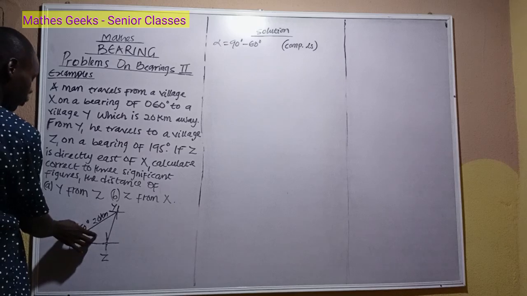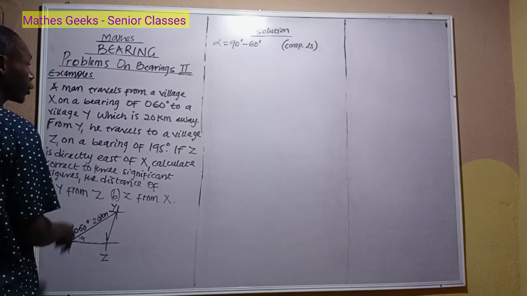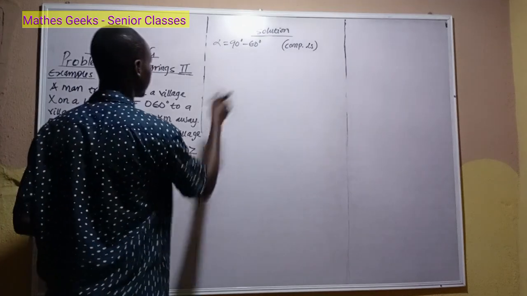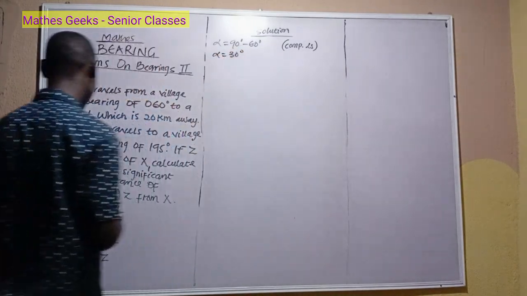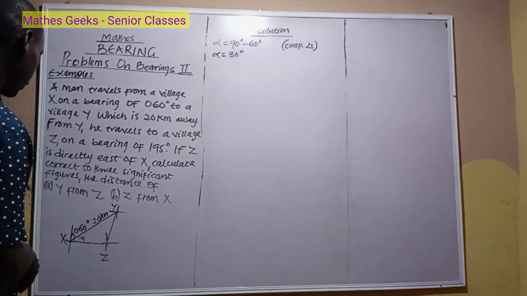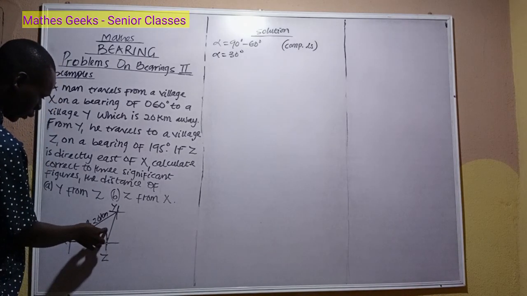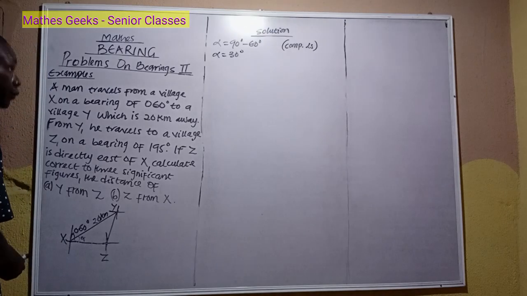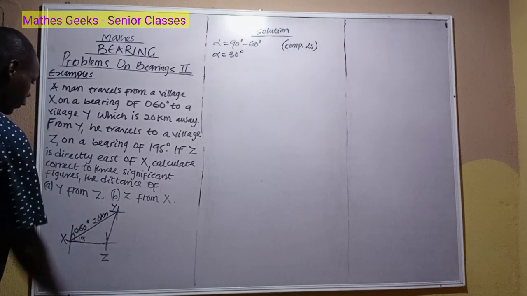So these two angles make up 90 degrees, the sum of angles in the first quadrant. So alpha is equal to 30 degrees. So if alpha is 30 degrees, what else do we need to get before we proceed? So to get the distance of Y from Z, we're going to look for this side.